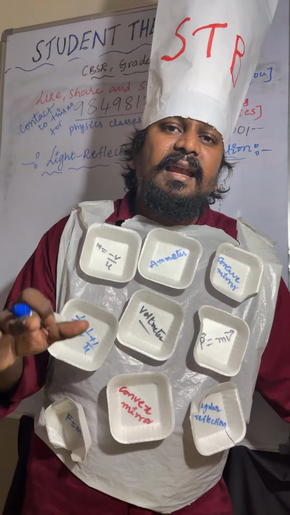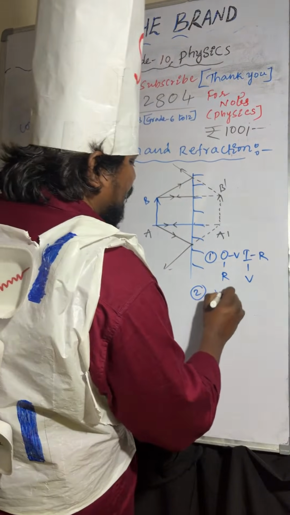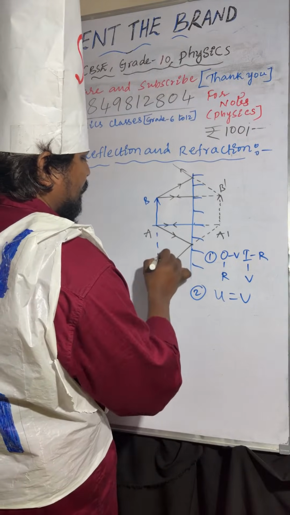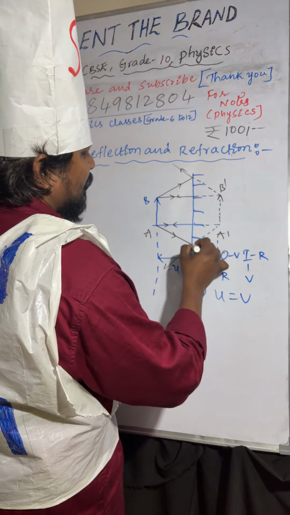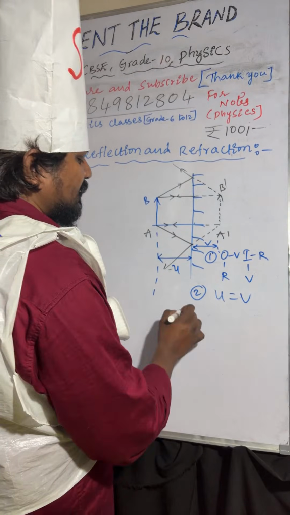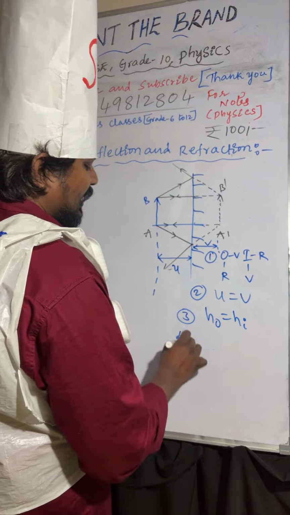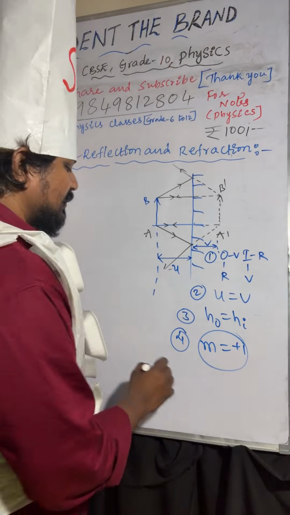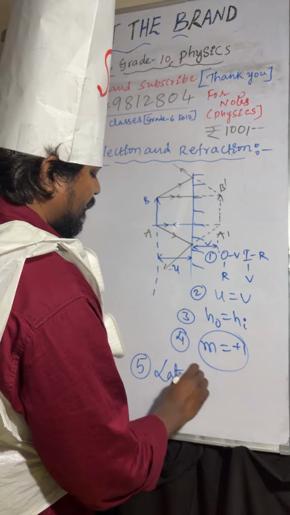Just check once here. What is object distance? The distance between object and mirror is called object distance. The distance between mirror and image is called image distance. Object distance is equal to image distance. Height of the object is equal to height of the image. And magnification is +1. And the fifth point, it also shows lateral inversion.